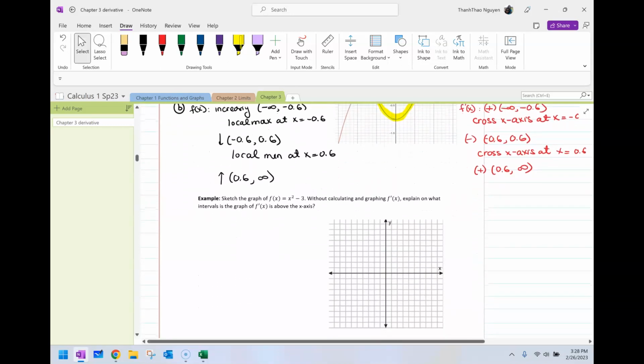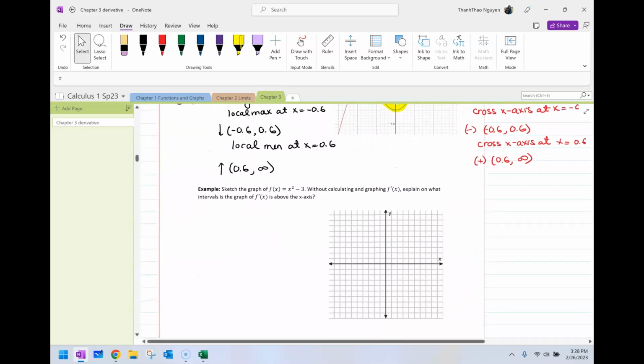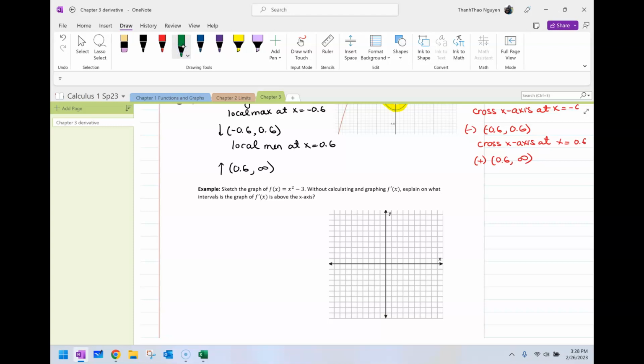Okay, let's try to sketch the graph of f of x equals x squared minus 3 without calculating and graphing f prime of x. Explain on what interval the graph of f prime of x is above the x-axis. Let's first start with the graph of f of x, f of x equals x squared minus 3.